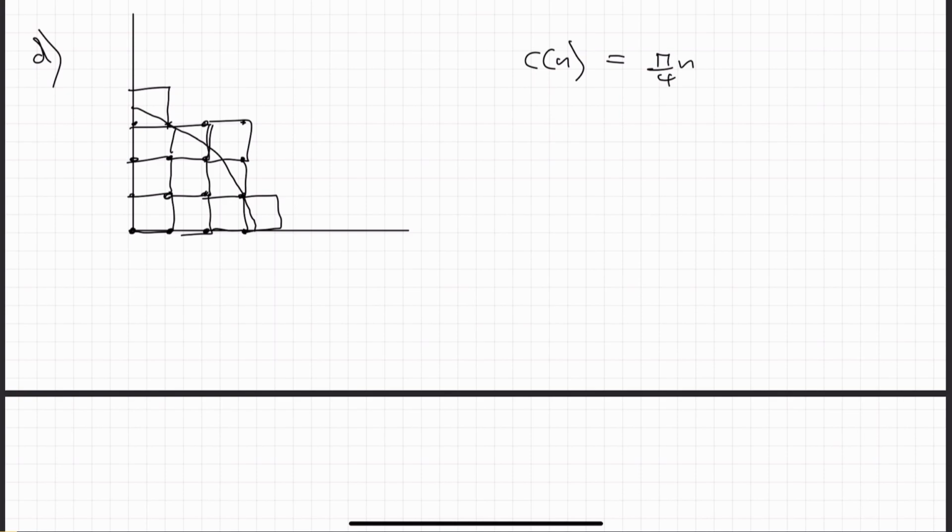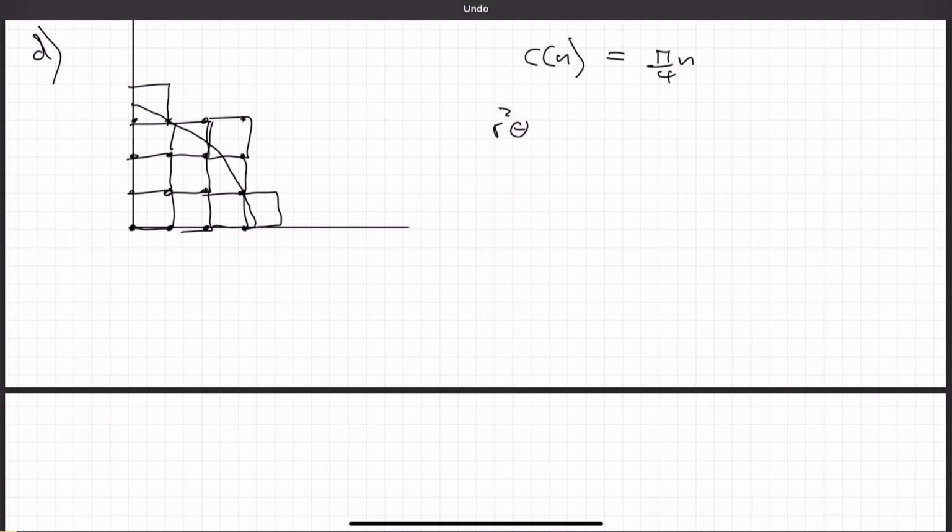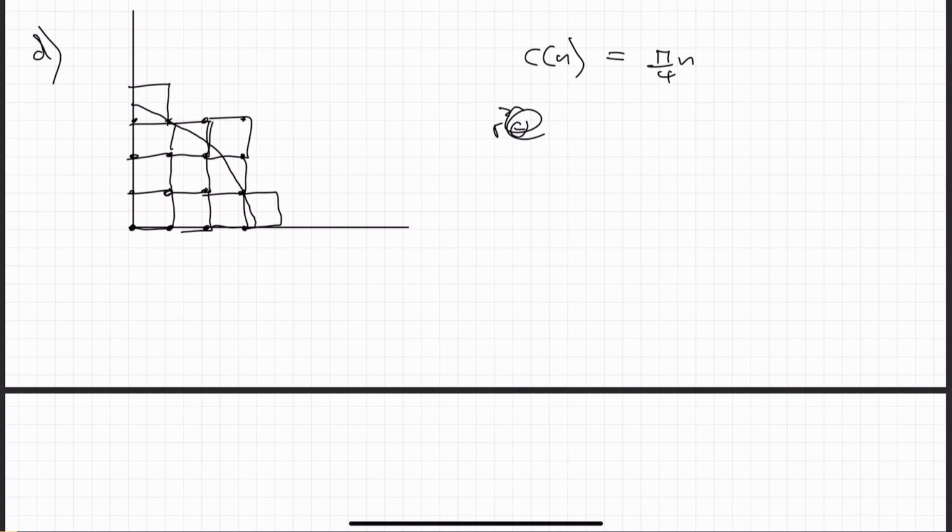The reason it's pi over 4 n is because r squared theta over 2 is the area of a sector with angle theta, in radians. And even if you didn't know that, pi r squared is just the formula for a circle.